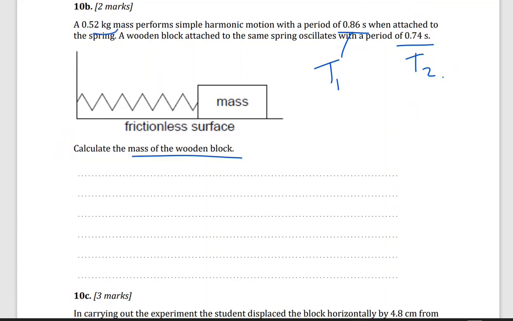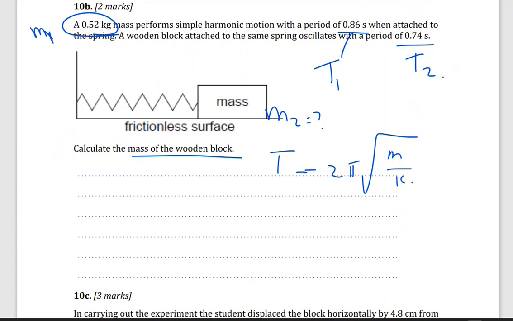Here, the first mass, this one, I'm going to call M1, 0.52. So I need to find the second mass. If you remember the formula, T, the period, equals 2 pi square root of mass over the spring constant. I need the mass.